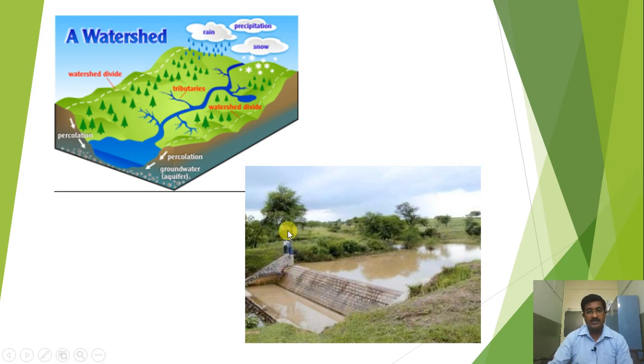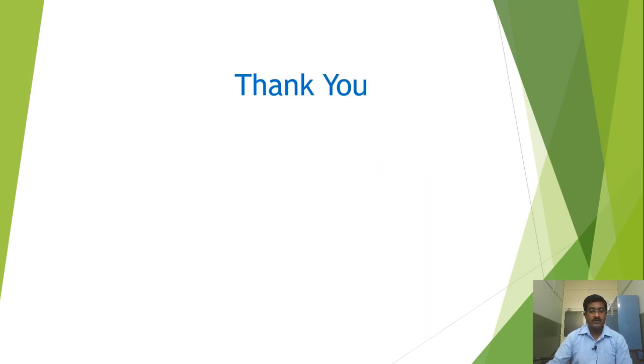Then we are going to study the various water retaining structures like Bandharas, also the KT weir, Kolhapur type weir. These components we are going to study, and accordingly the management of water in the field. So this subject is very interesting.